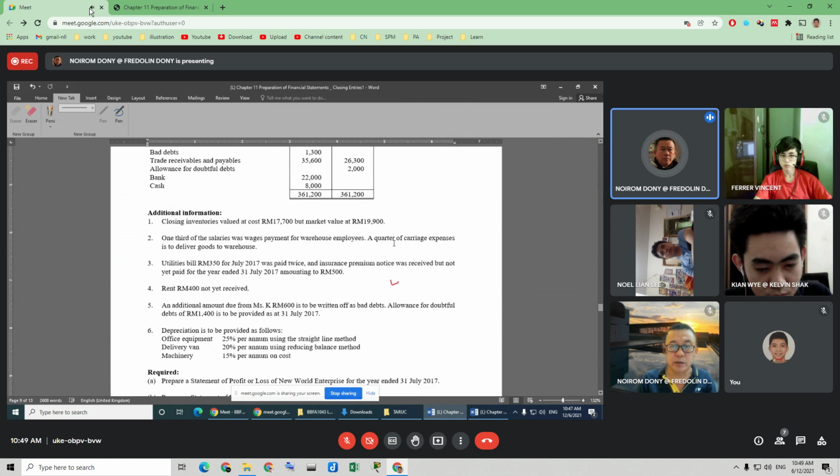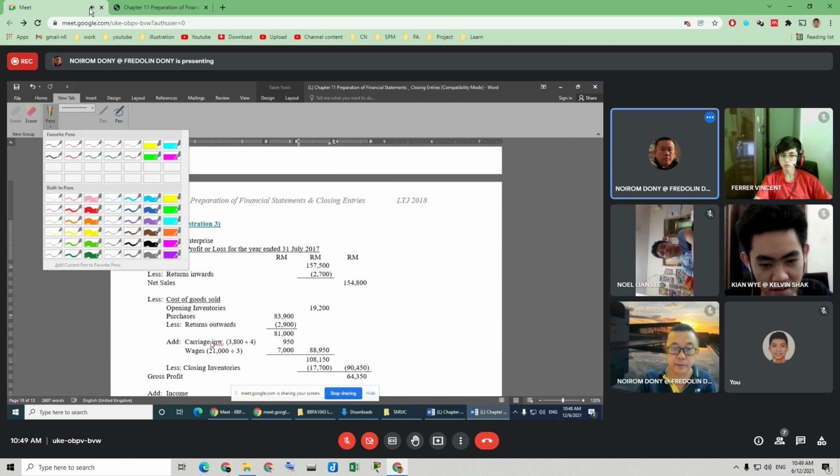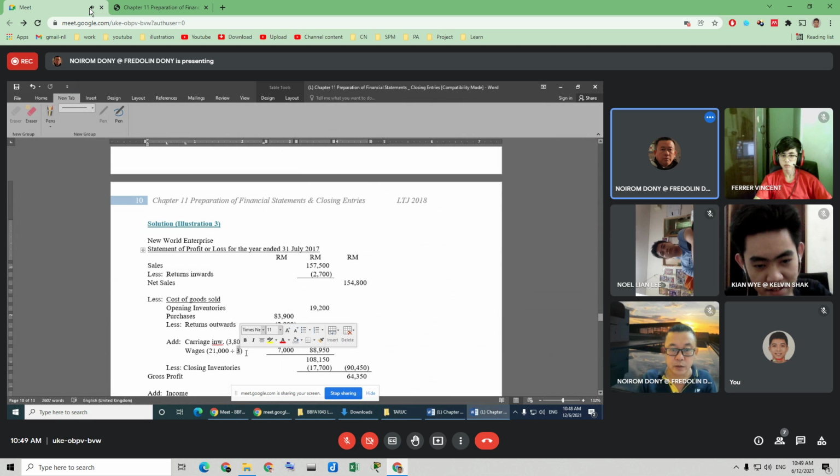Look at the answer: the wages here, 21,000 from the trial balance. You divide by 3, so divide by 3 times 1, you get 7,000. 7,000 for wages.